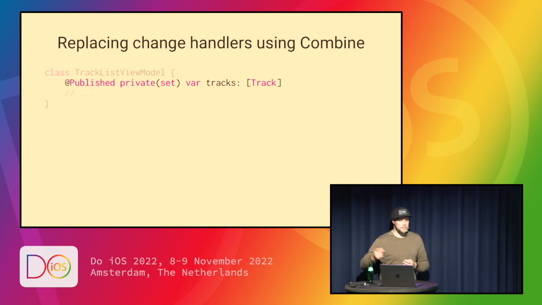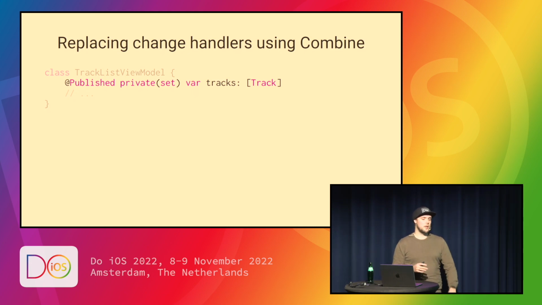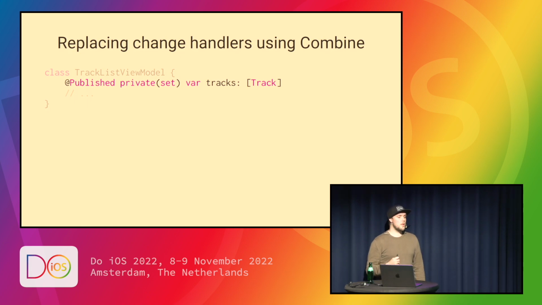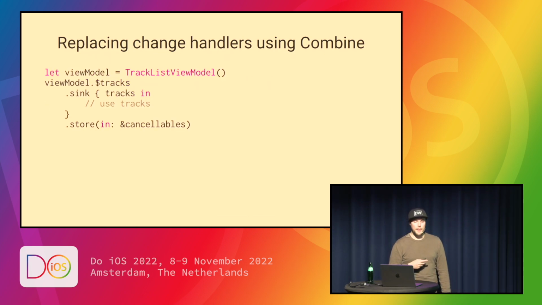Here's the new value. So that's very convenient, right? We don't have to assign a closure anymore. We don't have to implement didSet anymore. We can just do this. And you can still access the property just like you normally would. So existing code can still use that. But code that would otherwise rely on the onTracksChanged closure could now subscribe to the Published property wrapper.